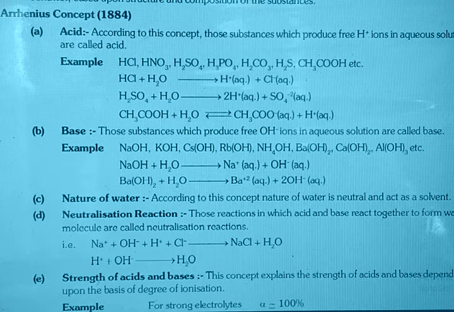Similarly, the substances which produce free hydroxide ions in aqueous solution are called bases. Means any chemical species which dissociates hydroxide ions in aqueous solution is called a base. So according to the Arrhenius concept, any species which dissociates hydrogen ions in aqueous solution is an acid, and any chemical species which dissociates hydroxide ions in aqueous solution is called a base.